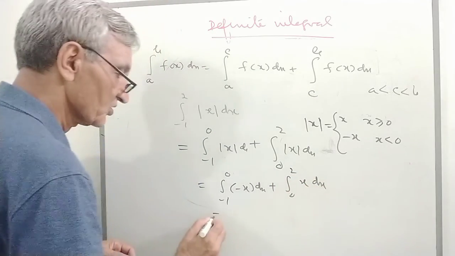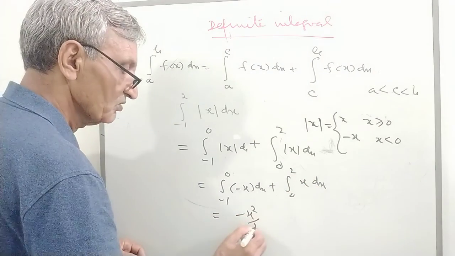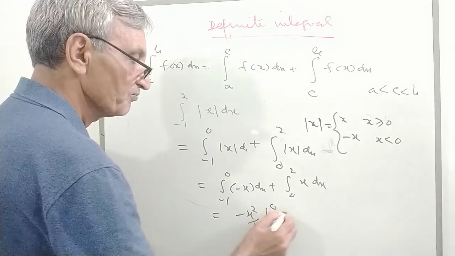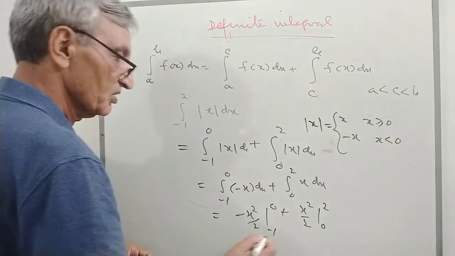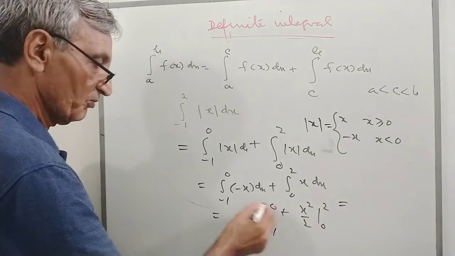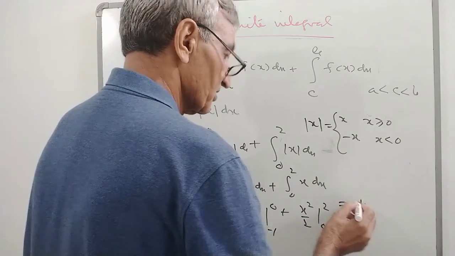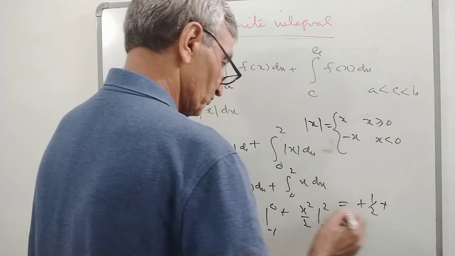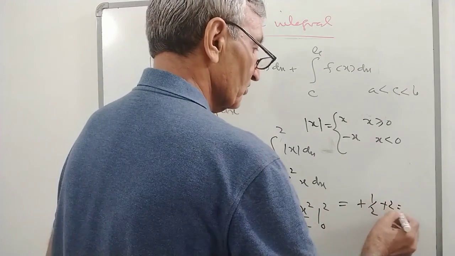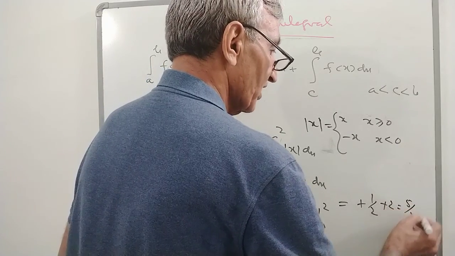I hope you understood. Minus x squared by 2 from minus 1 to 0, plus x squared by 2 from 0 to 2. The value is 0 minus (minus 1 squared by 2), which is 1 by 2, plus 2, which is 2.5, equal to 5 by 2. That is the answer.